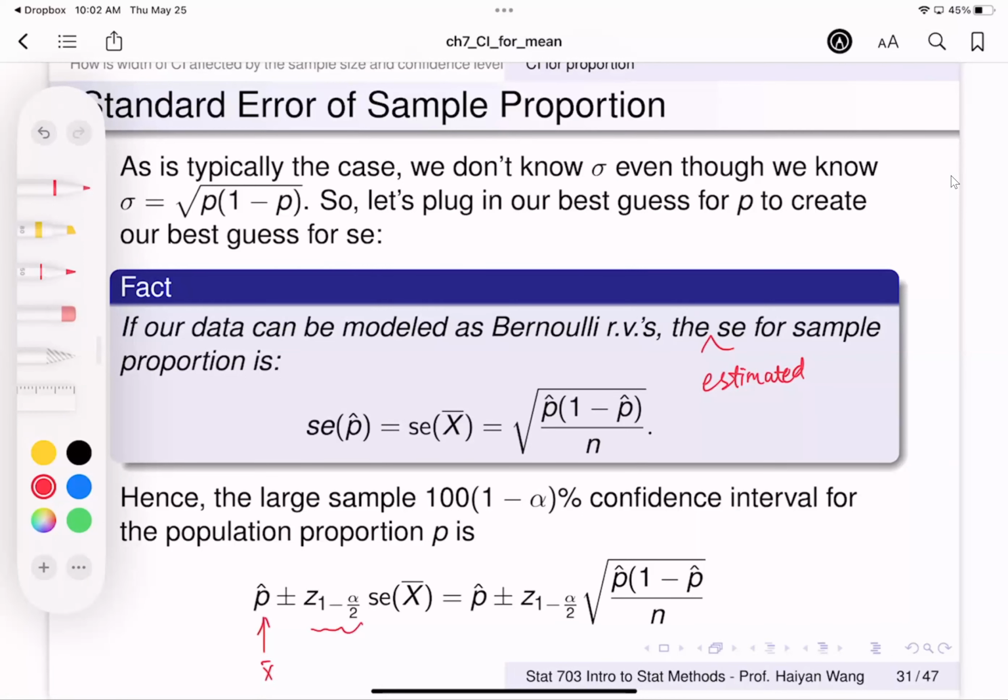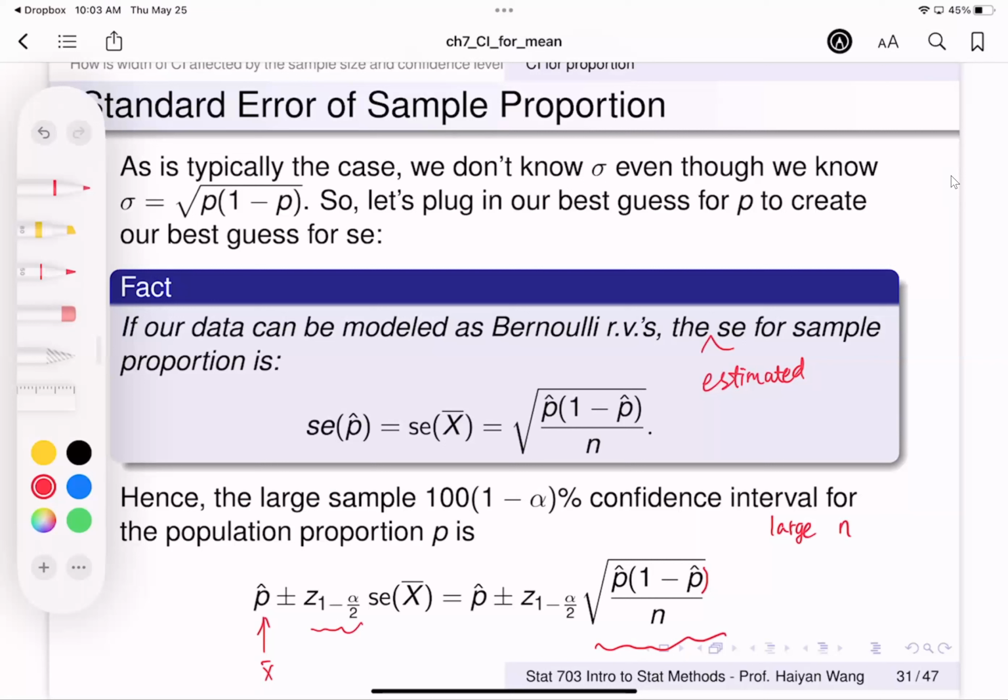Since we replace the population standard error of X bar by the estimated standard error, we will have p hat plus minus Z times the square root, and under the square root we have p hat times 1 minus p hat, divided by n. So this is a large sample confidence interval for p. Keep in mind, this is for the large n case.